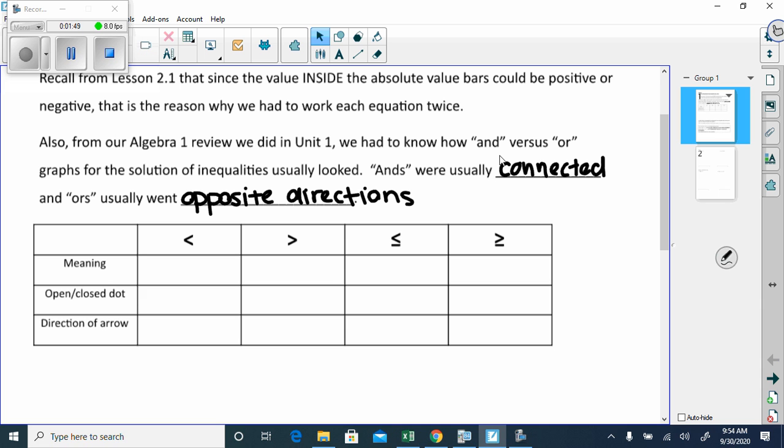So this symbol right here basically says something is less than something else, right? So the meaning here is less than. Which means this symbol is our greater than. Okay?